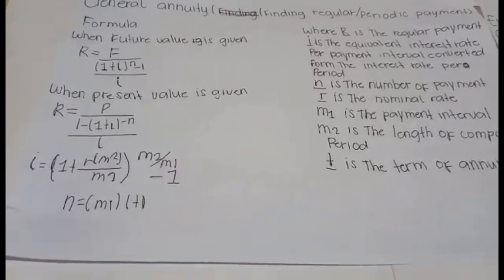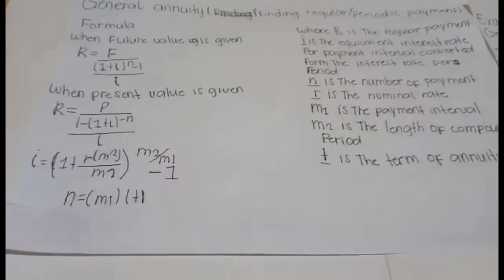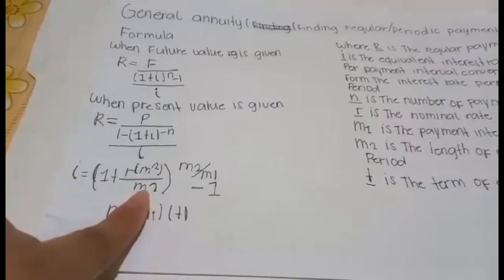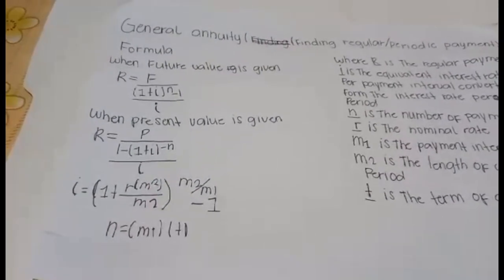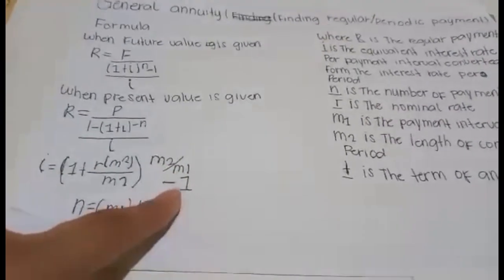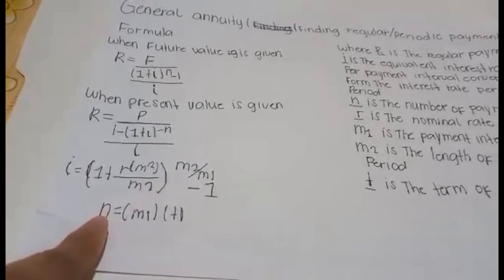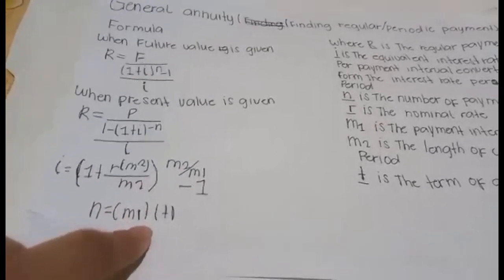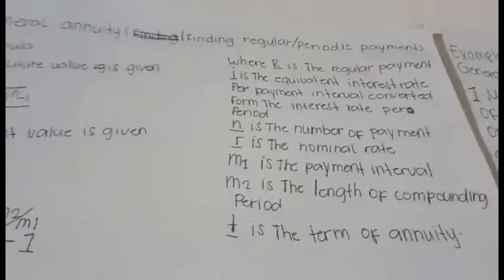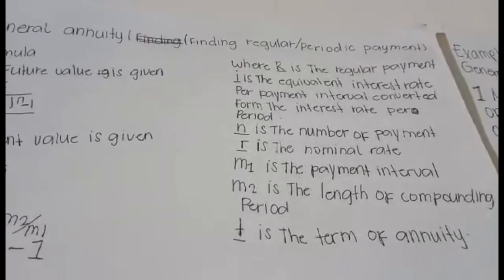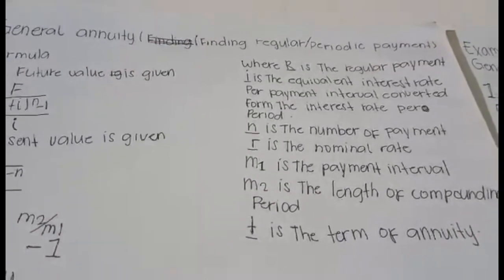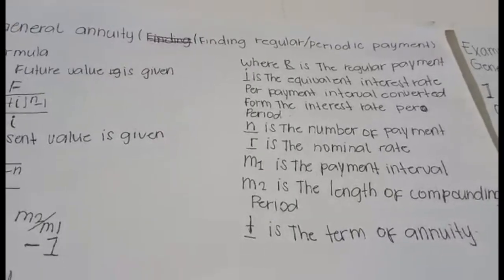I equals (1 plus R divided by M sub 2) raised to the power M sub 2 divided by M sub 1, minus 1, and N equals M sub 1 times T, where R is the regular payment, I is the equivalent interest rate per payment interval converted from the interest rate per period.